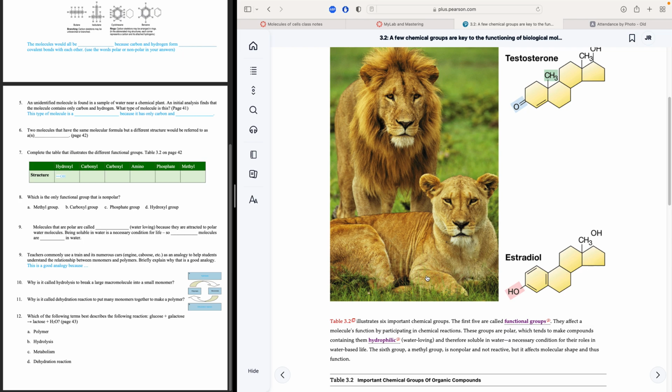That was on the last page, even though it says the answer is on page 42. Question 6 is an isomer. If they have the same formula, the same number of atoms, but one is in a branch, one is in a long chain, then they are similar. So they're called isomers.